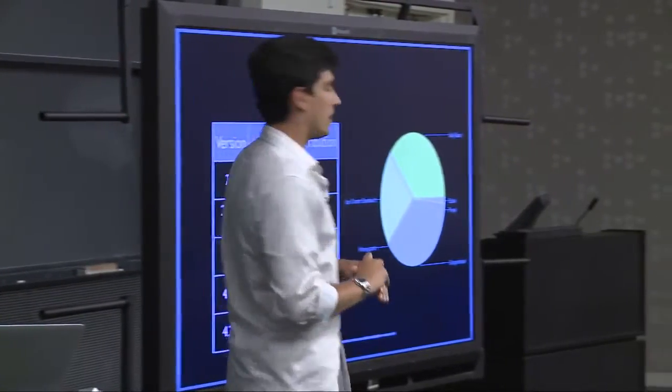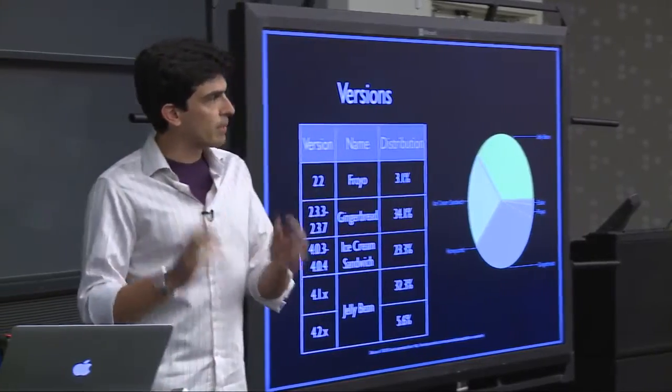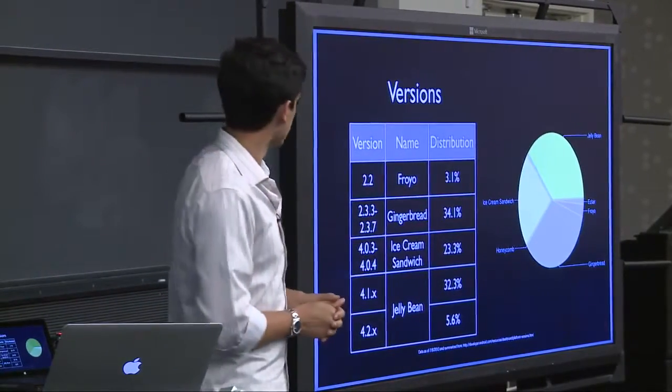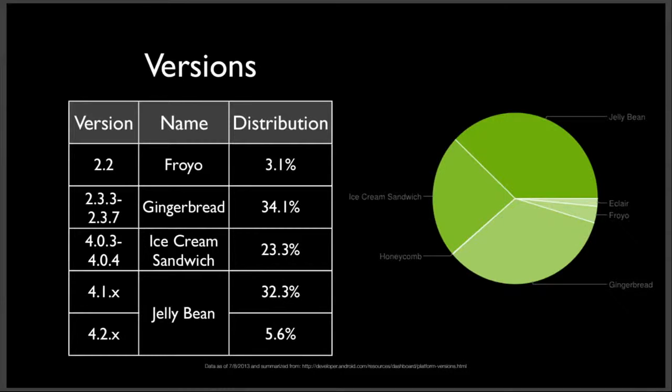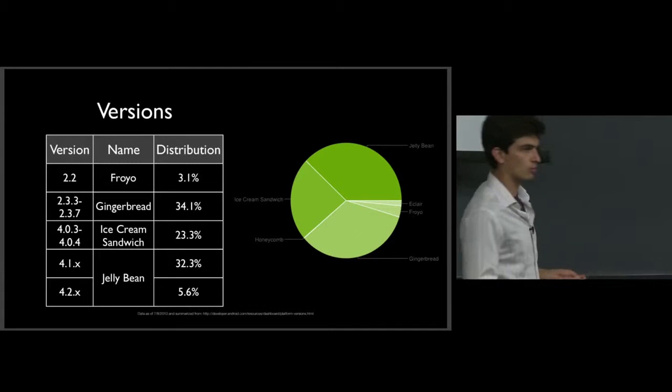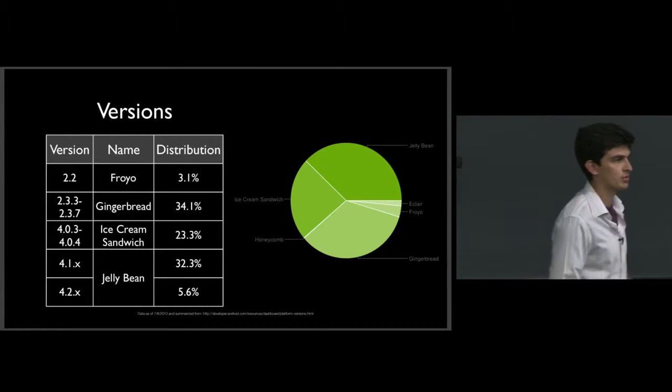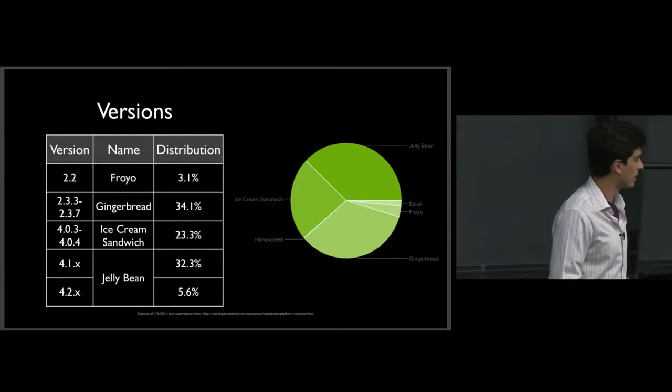All of that aside, one of the base issues in this fragmentation argument is the wide range of versions installed on hardware devices right now. This is a chart that Google created. They release a similar chart every month or so, showing the distribution of devices that connect to the Google Play Store, which is the equivalent of the App Store on iOS.